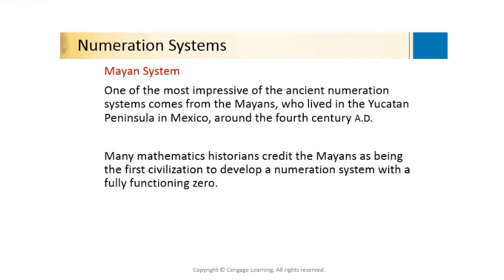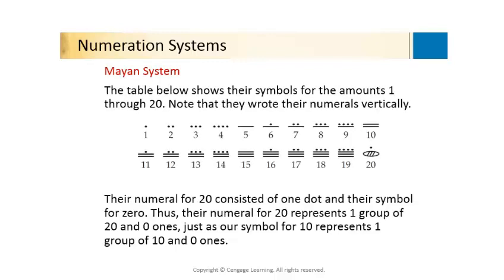And our very last new system that we're going to look at would be the Mayan system, and what the Mayans did to develop their system. Now they had a very complex system with a 0. Notice there was no real 0 with any of our other systems. This system was rather handy. They were able to write their numbers vertically, the system that they came up with, and they had symbols for 1 through 20.